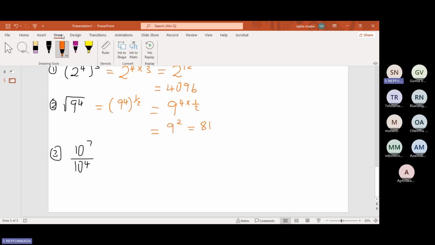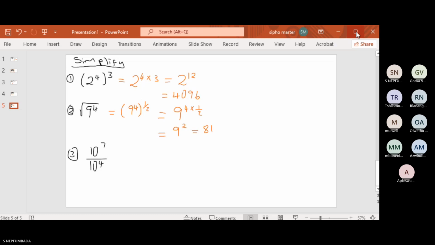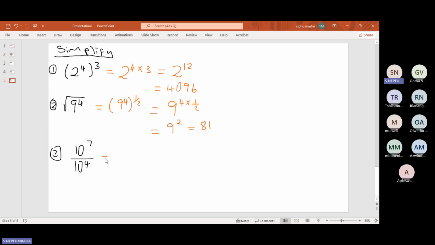This is equal to 10 to the power of 7 minus 4, which is the same as 10 to the power of 3. And 10 to the power of 3 is equal to 1,000. You get 1000.